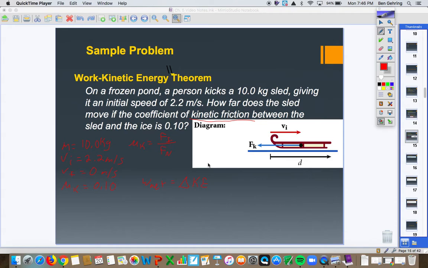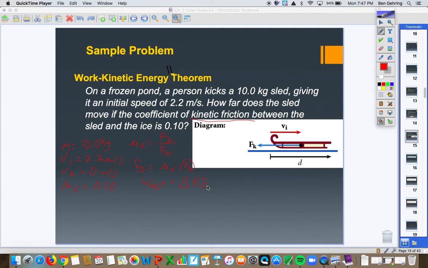And so now I can solve this, so my force due to friction is equal to mu k times my normal force.